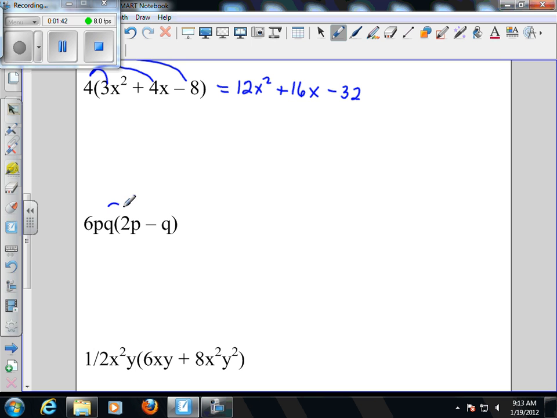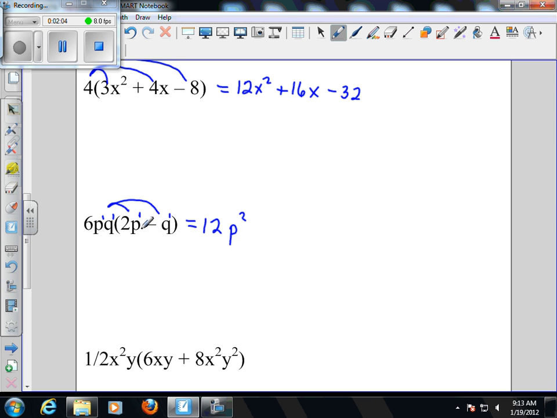Again, we're still using the distributive property. You can put exponents of 1 on these variables since they don't have exponents listed. And we're going to multiply 6pq times 2p. Now 6 times 2 gives us 12. P to the first times p to the first, add the exponents, we get p to the second.